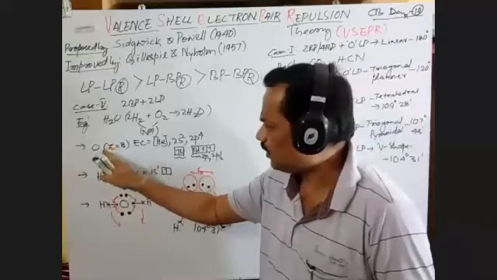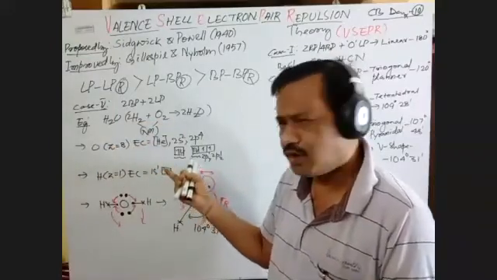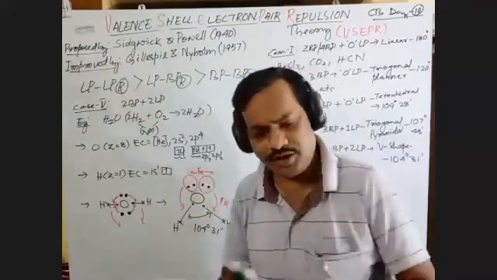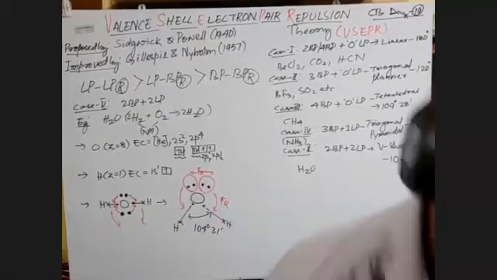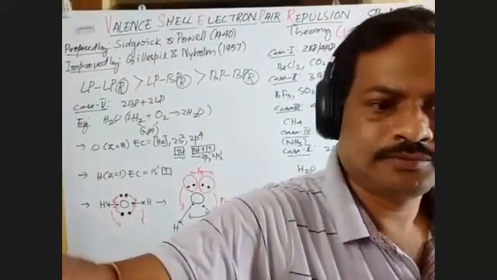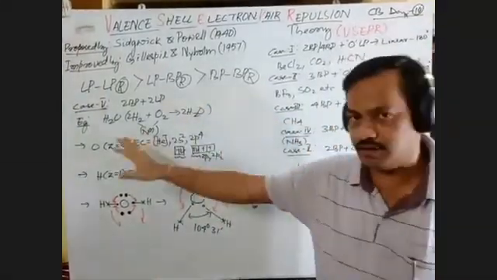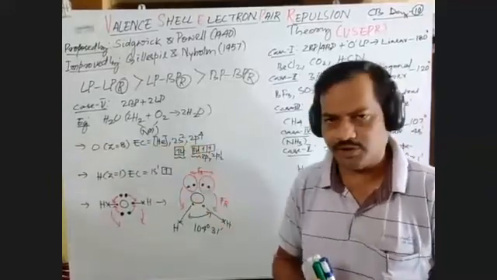Here it is saying that both hydrogen and oxygen are non-metals, so covalent bonding is forming. So it is still depending on the Lewis theory of covalent bonding.